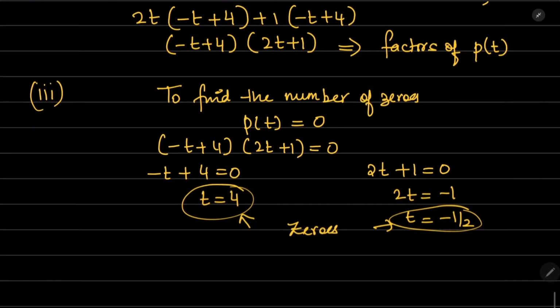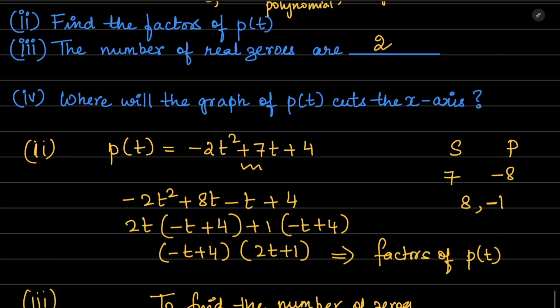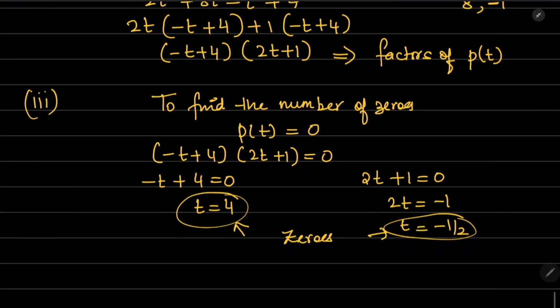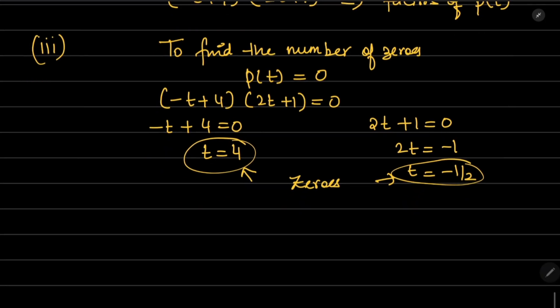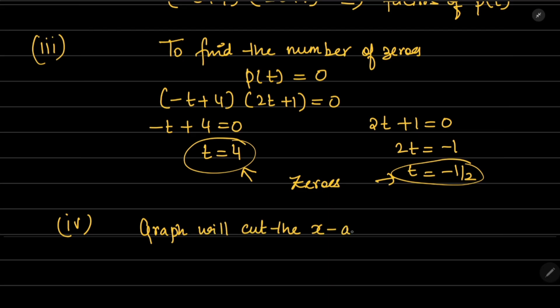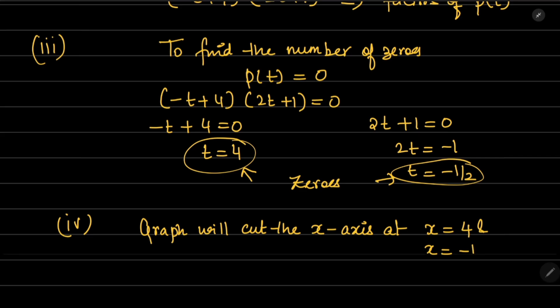Okay. And last question, where will the graph of p of t cut the x-axis? Where will the graph cut the x-axis? Obviously at the zeros, right? So the fourth point is the graph will cut the x-axis at x is equal to 4 and at x equal to minus 1 by 2.